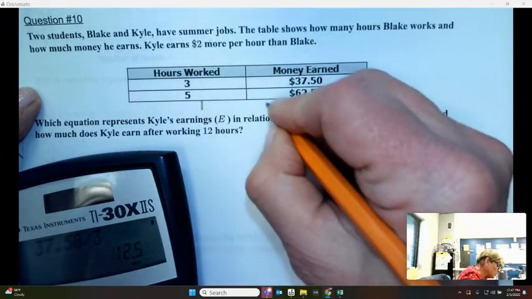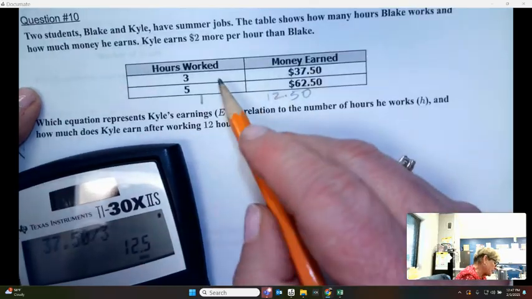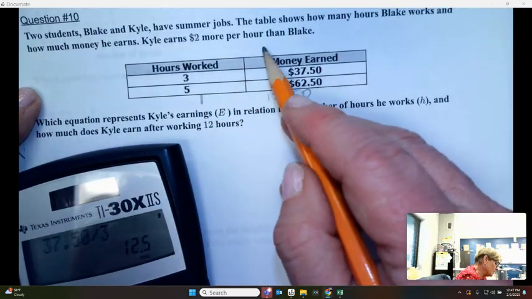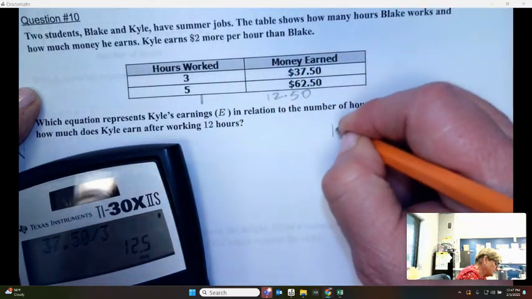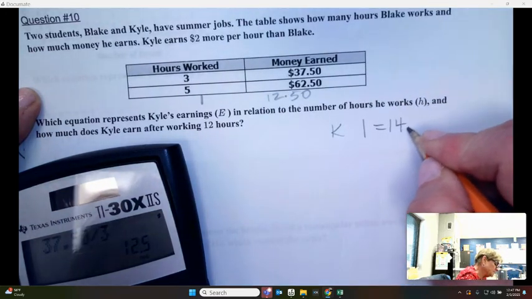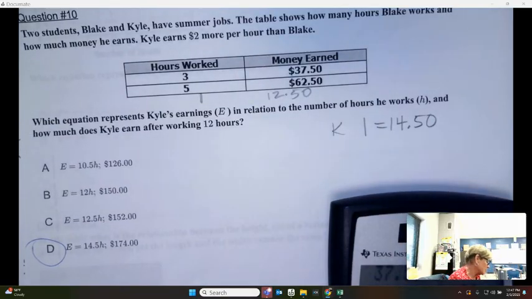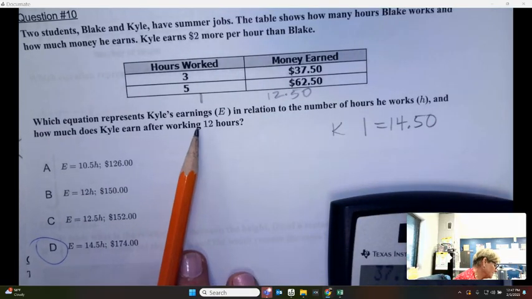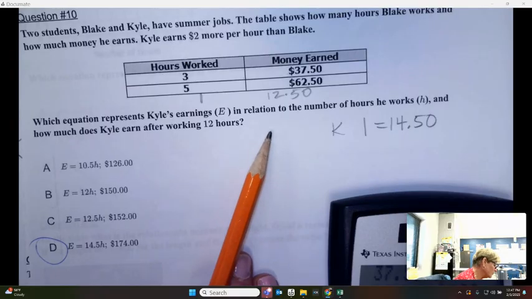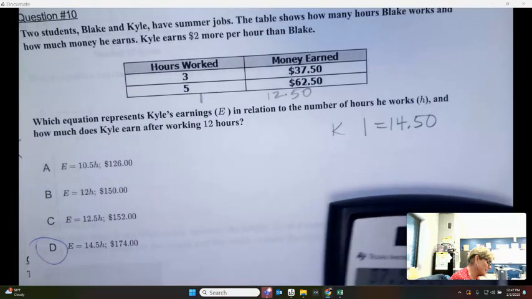So 1 hour would be $12.50. Kyle earns $2 more than Blake. So for Kyle, 1 hour is going to equal $14.50. Is that correct? And let's see, which equation represents Kyle's earnings in relation to the number of hours he works? How much does he make after working 12 hours?